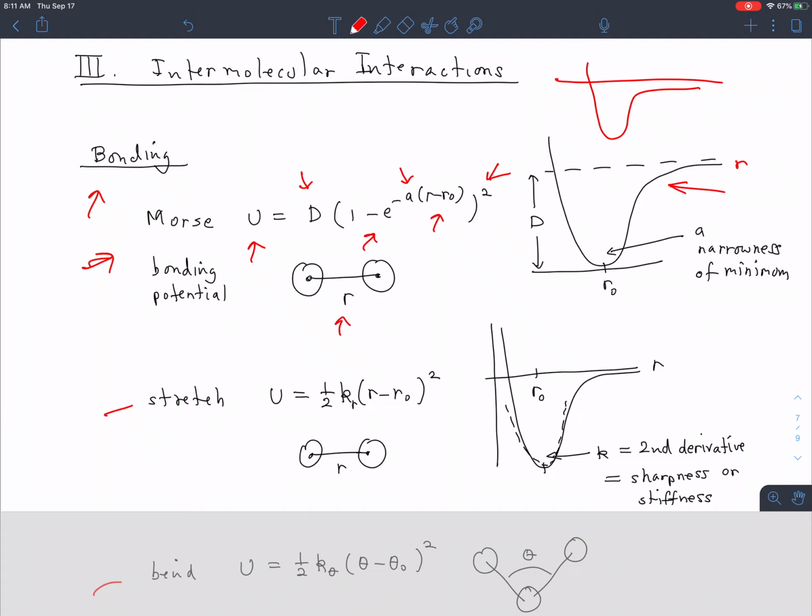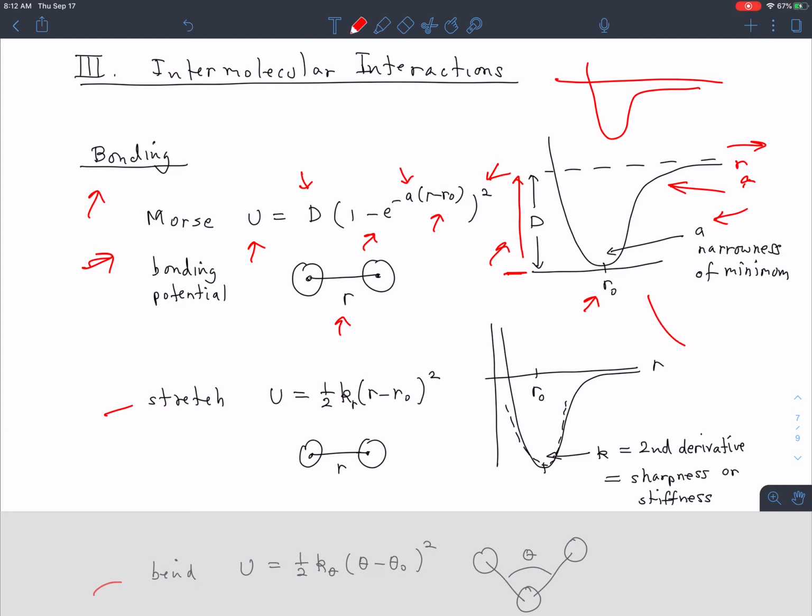The quantity D is the depth of the well, right? If r goes to infinity, then this quantity goes to a certain value, and D tells you how high that value is compared to the minimum of the potential. R0 gives you the value at the minimum, and the quantity a tells you how sharp this minimum is.